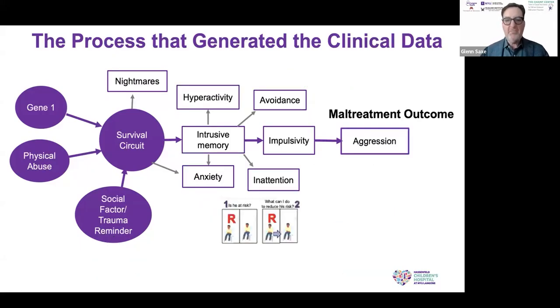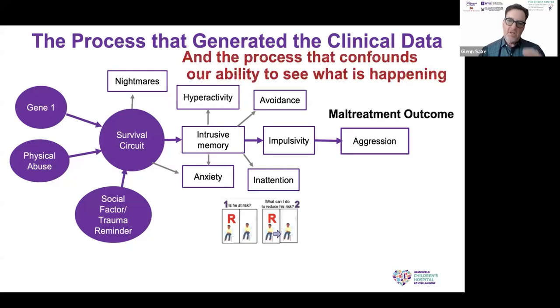But then we need to be thinking about processes that confound our ability to see what's happening, that obscure our view. Because nightmares, hyperactivity, avoidance, anxiety, and inattention correlate heavily with aggression. Eddie reported this.